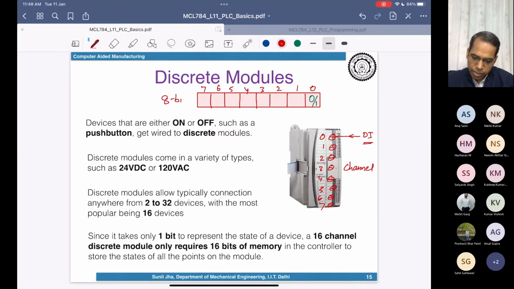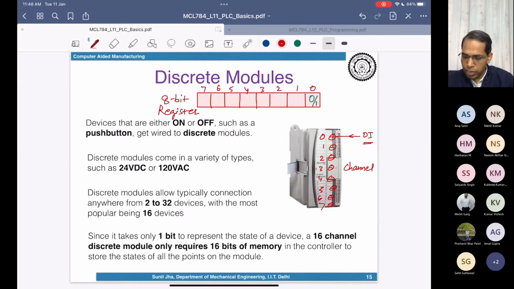So there's an 8-bit register that is being used. Each memory location we call a register. Registers are basically a combination of bits, which are the physical devices which are storing the state of these bits. So an 8-bit register means it's sufficient to store the state of the 8 inputs. So 8 sensors can be interfaced to this. That is how the digital module works.